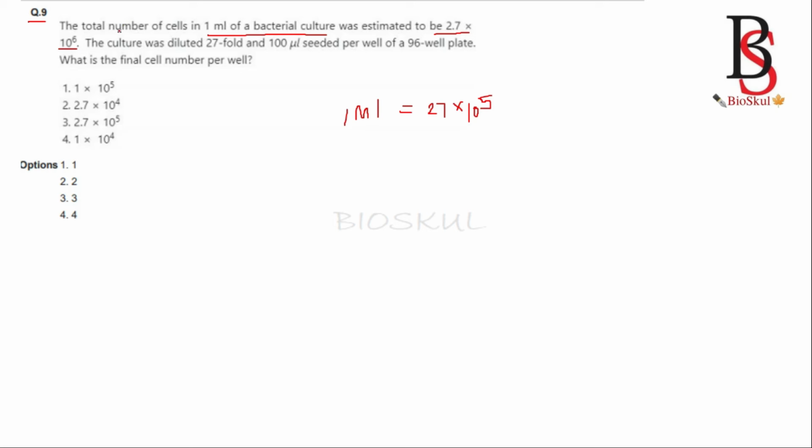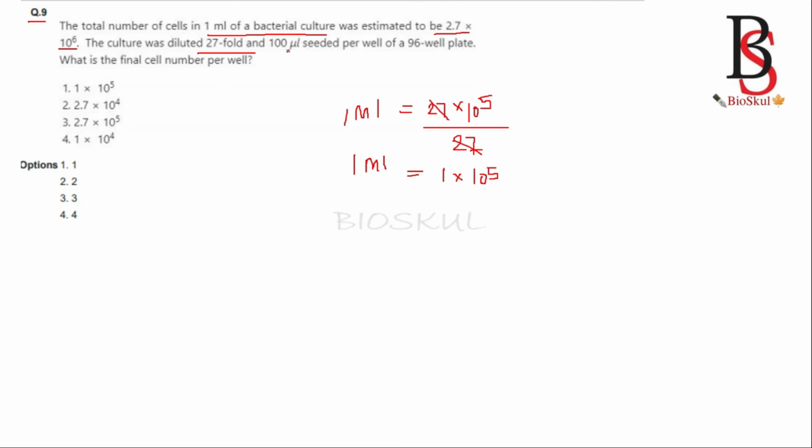Okay. The culture was diluted 27-fold, so divided by 27. Now 1 ml of bacterial culture has 1 into 10 to the power 5 cells.